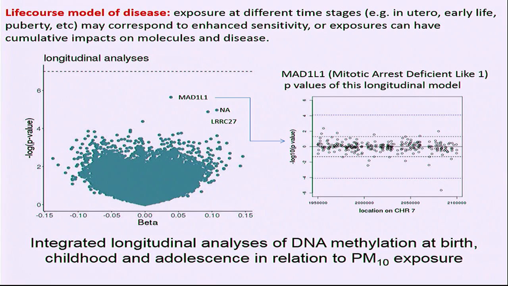Then, as I said, one of the assumptions of the exposome is that you have to take into account potentially the whole life of exposures, the whole experience of exposure across life of an individual, because the outcome is a historical event.